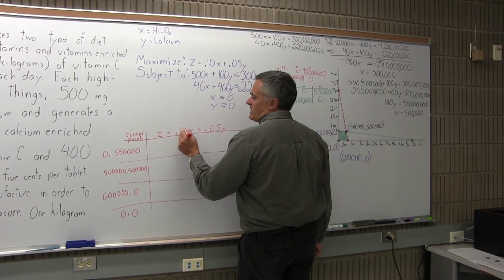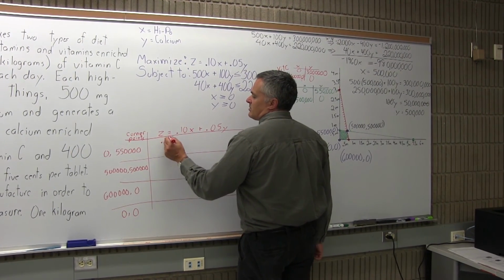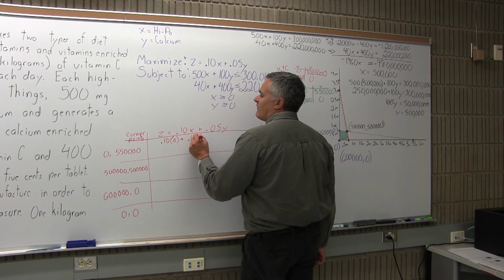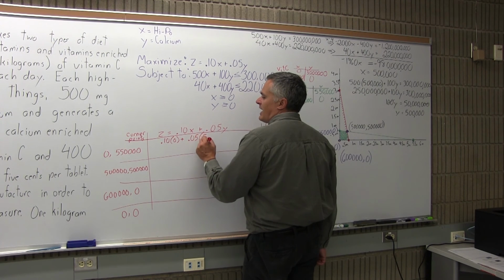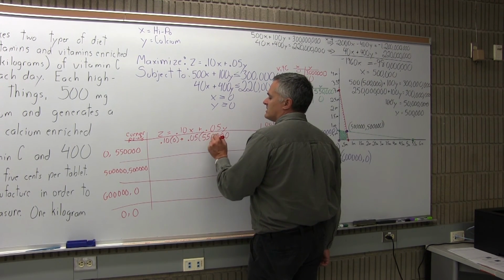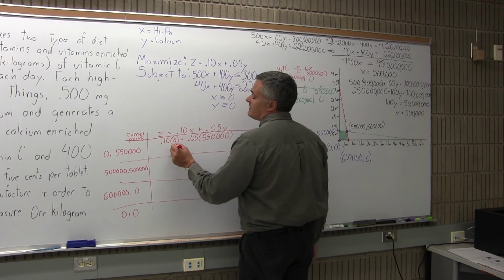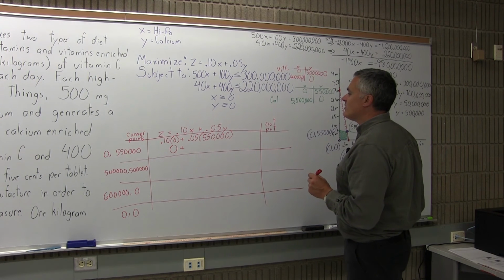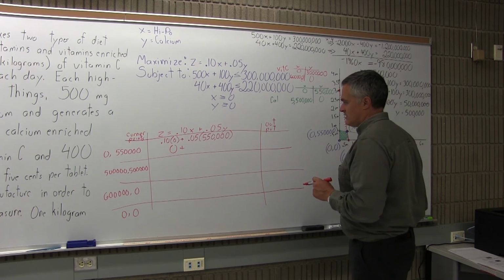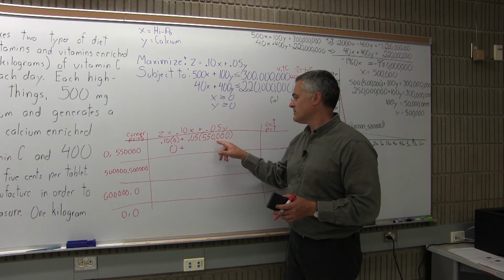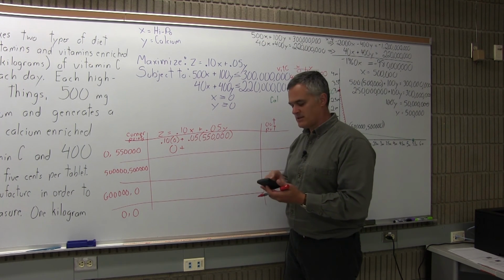So my objective function, 0.10 times x, becomes 0.10 times 0, plus 0.05 times 550,000. Well, the 0.10 times 0 is easy enough. That's 0. 0.05 times 550,000. Well, if it was 0.10, it would be 55,000, it'd be half of that. So it should be 27,500.